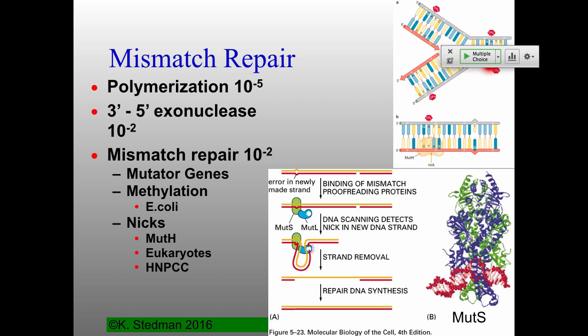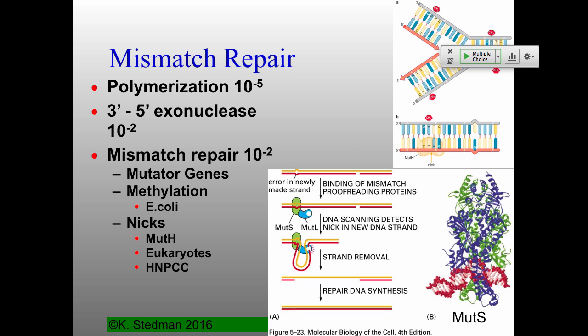So here, the GATC, it's a little hard to see behind the clicker thing here. All of the GATCs get methylated, on the adenine, after you've done replication. But this happens well after you've done replication. So what that means is any strand that has a methyl group on it, that's an old one. That's the right information. You want to get rid of the new strand where you put in the wrong nucleotide.